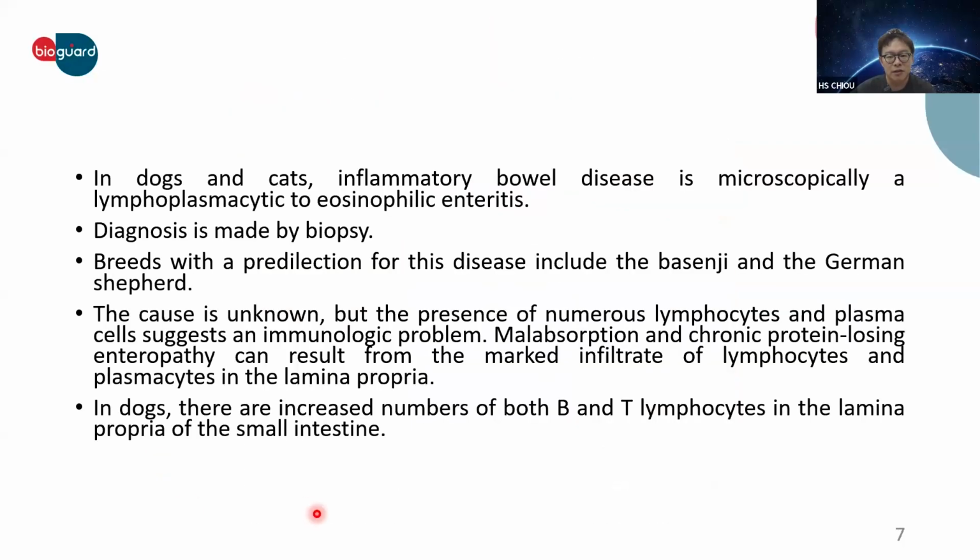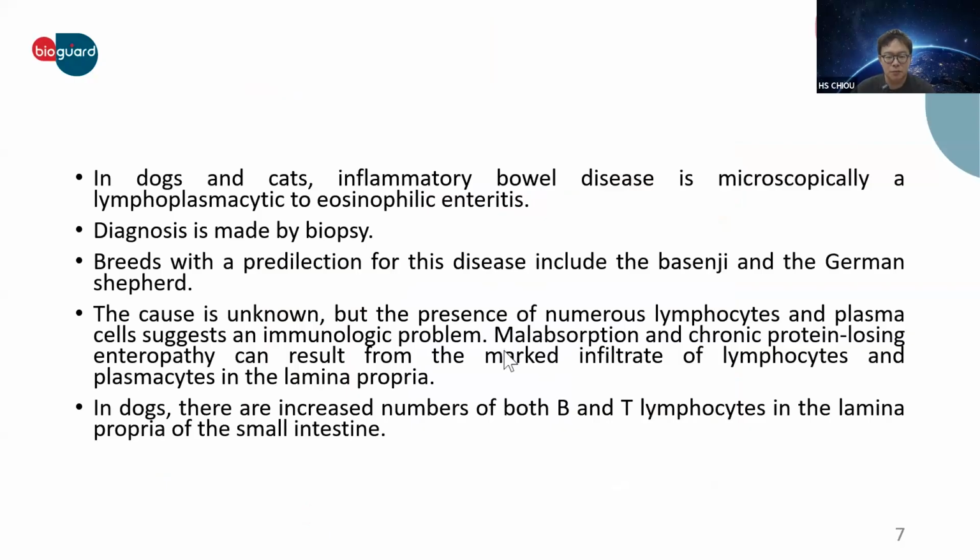IBD is microscopically described as lymphoplasmacytic to eosinophilic enteritis. Diagnosis is by biopsy, not by clinical signs alone. But here's the key issue. We still don't fully understand the cause of the disease. The predominance of lymphocytes and plasma cells strongly suggests immune dysregulation.